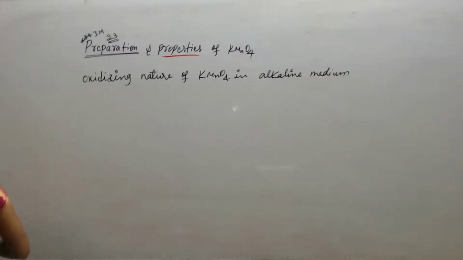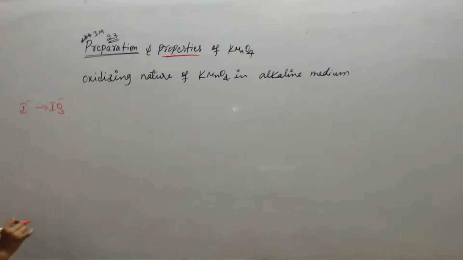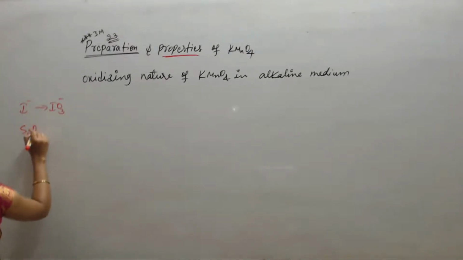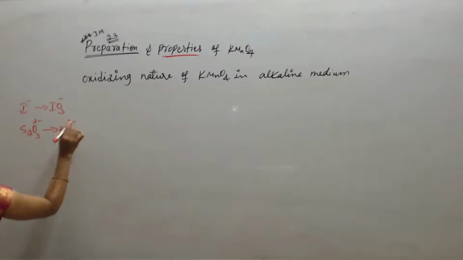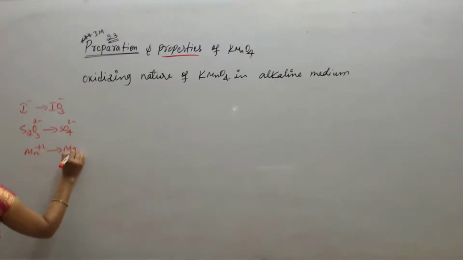First I will write the components here. It changes I minus to IO3 minus. And next it changes thiosulfate S2O3 2 minus to SO4 2 minus. Okay. So next it changes Mn plus 2 to Mn plus 4.